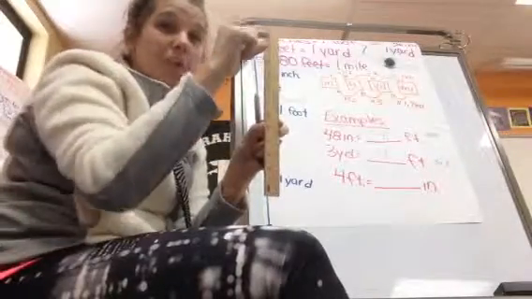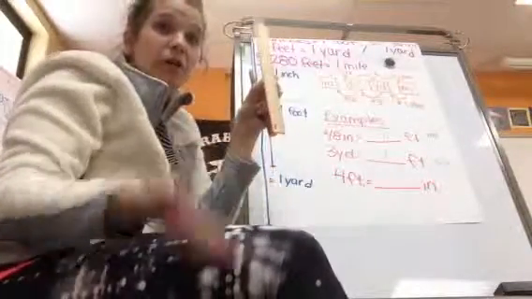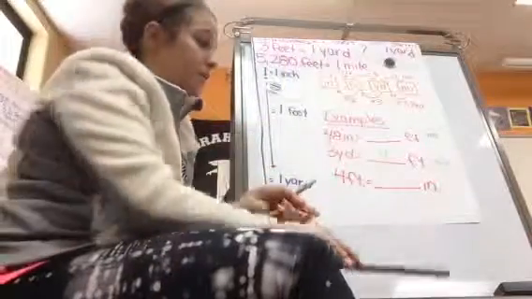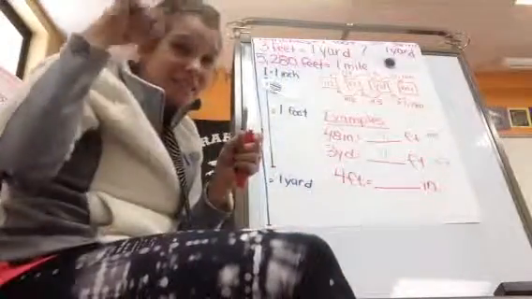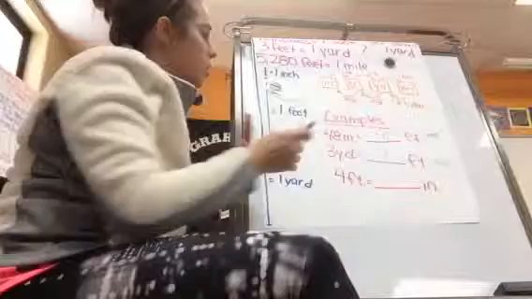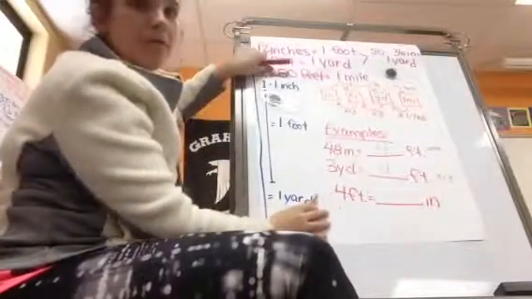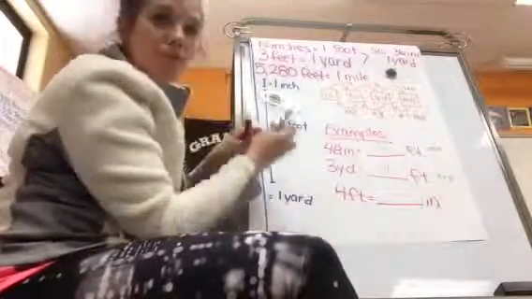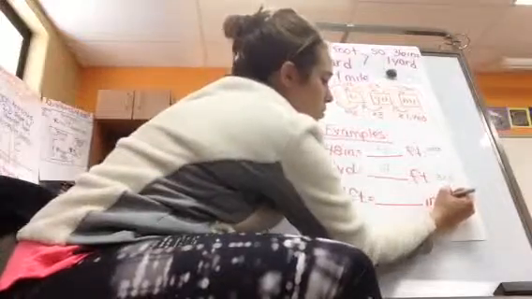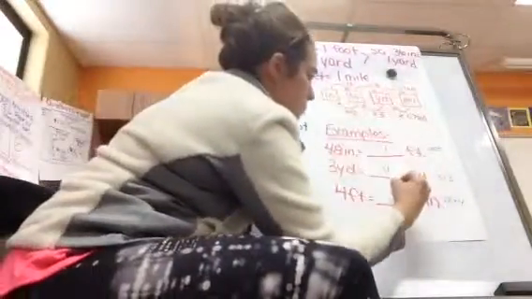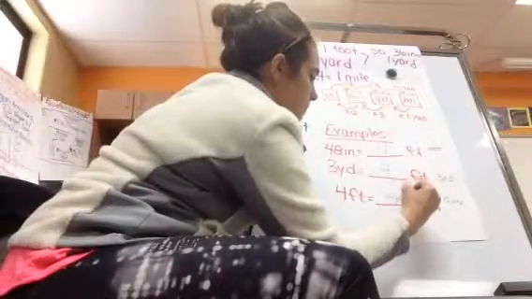So it's going to take a lot more inches to fill up 4 rulers or 4 feet. So I'm going to multiply because I need a lot of inches. So what am I going to multiply? Well, there are 12 inches in a foot. I've got 4 feet. So off to the side, I'm going to show 12 times 4. Oh, which is right up there. Oops, I should have done a different example.